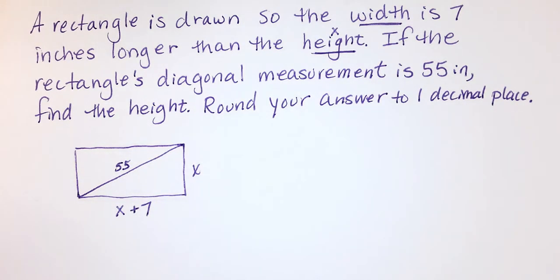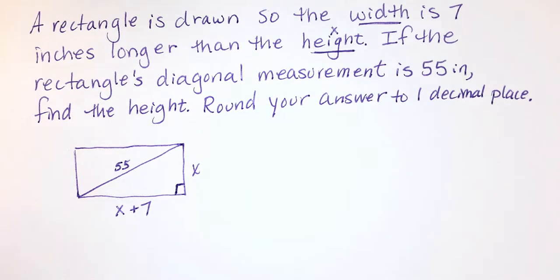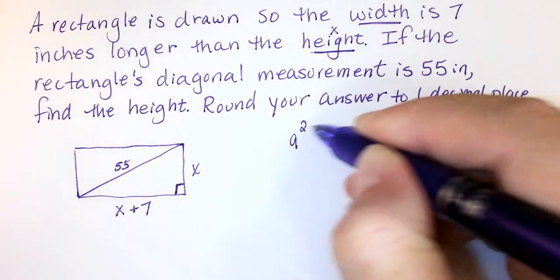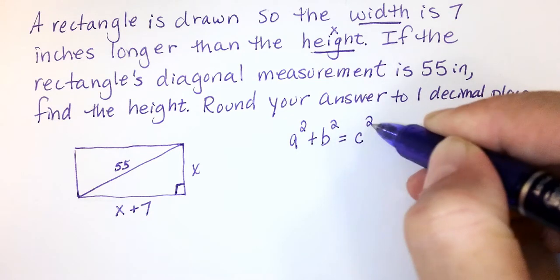Now, we're not given the area or anything else, so we're going to have to use a special property here. And by creating this diagonal, we have created a right triangle. And the property that we can use, this equation that we can use for a right triangle, is the Pythagorean Theorem, which is a squared plus b squared equals c squared.